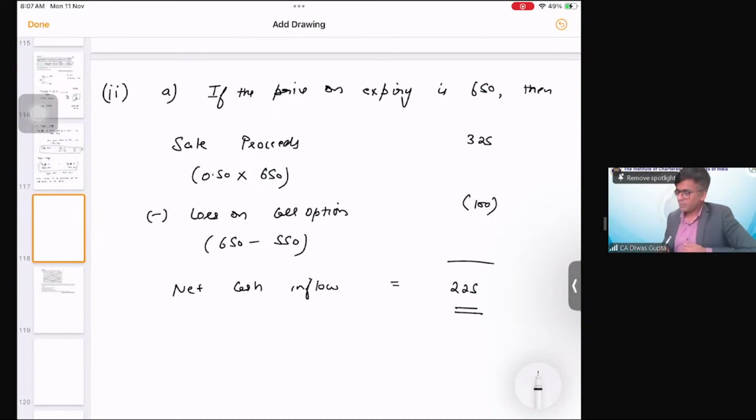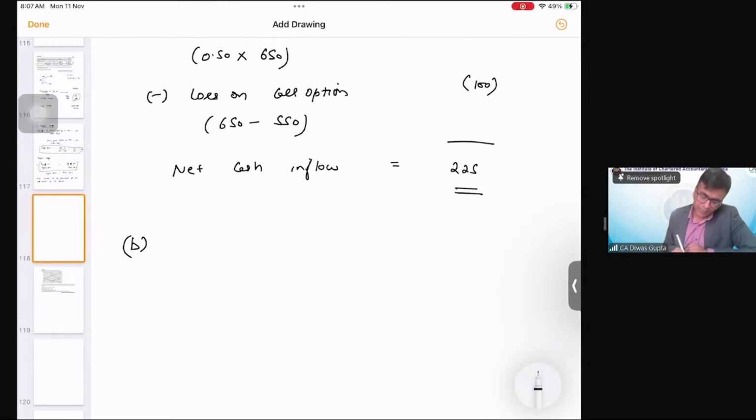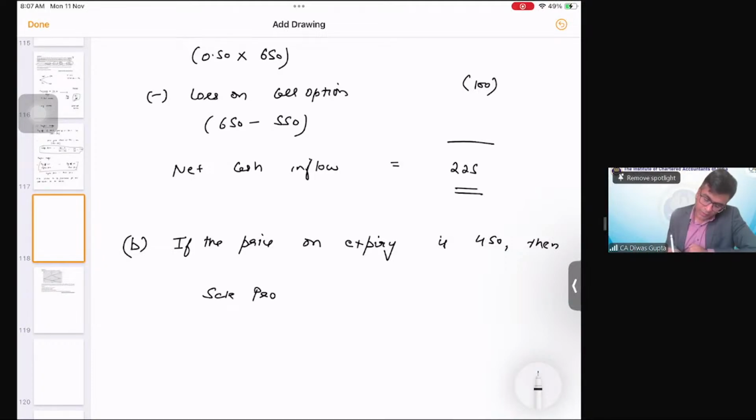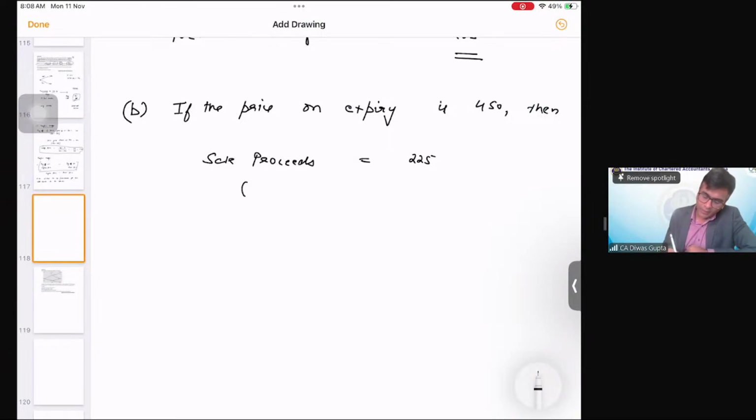Okay. Clear? Then on the B part, if the price on expiry is 450, then the sale proceeds will be equal to 225, which is how we have calculated, 0.50 into 450.